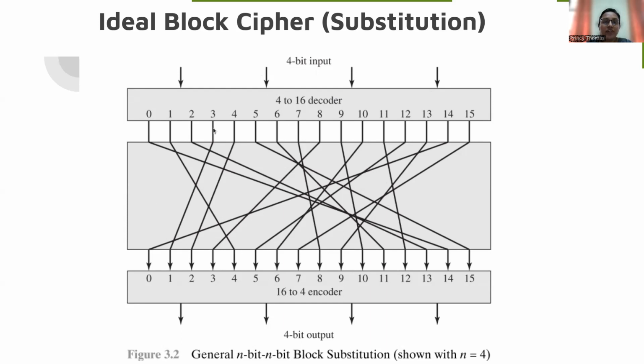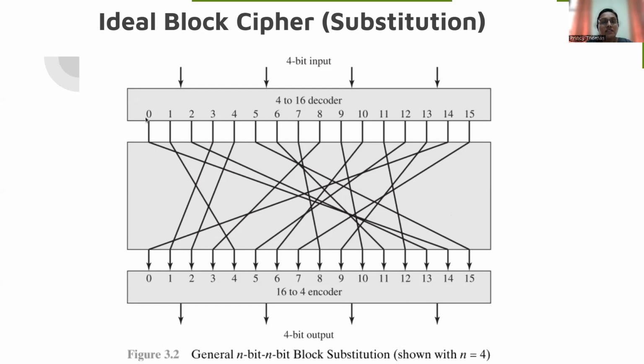But inside over here, what is happening is the actual substitution. And this is also called confusion. Diffusion and confusion: the expansion block is diffusion and the substitution block is confusion.